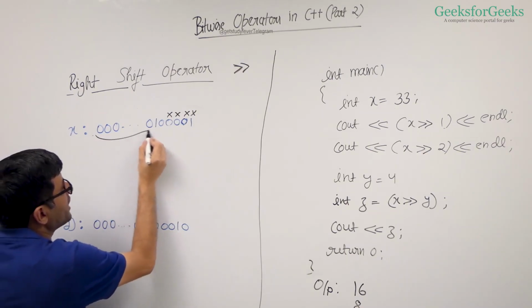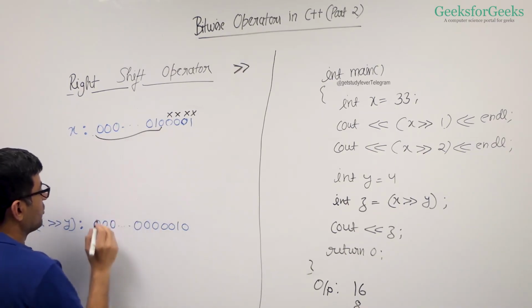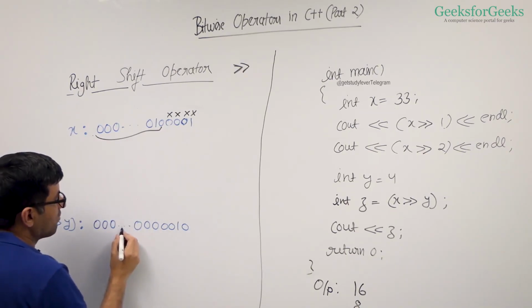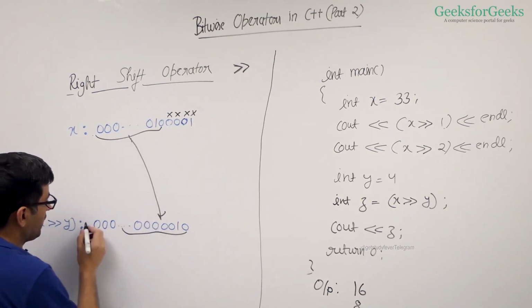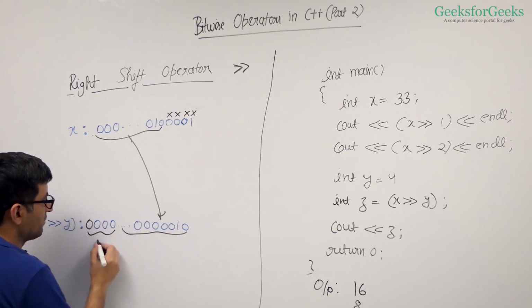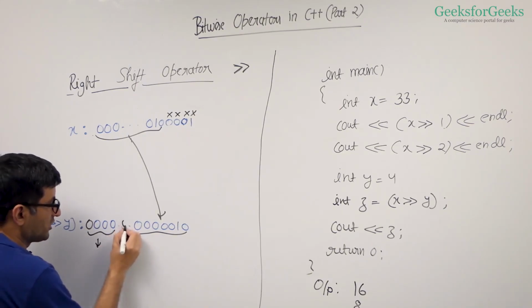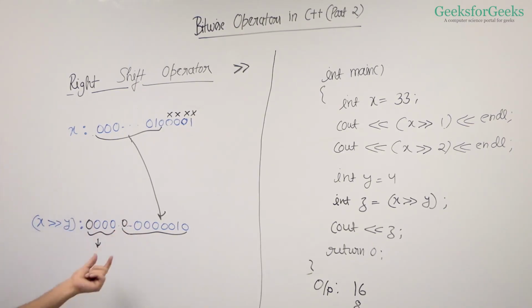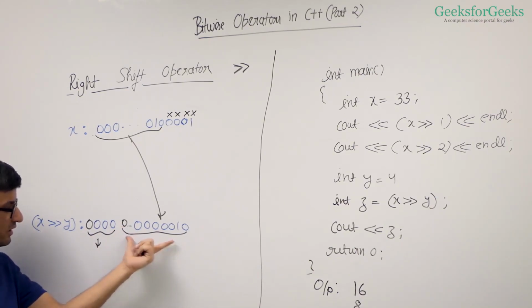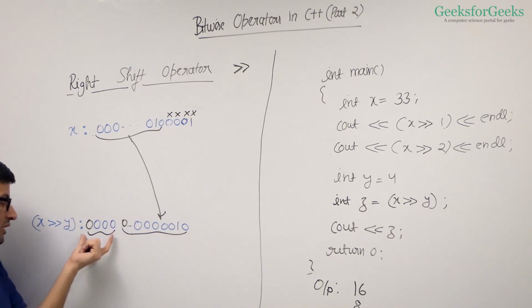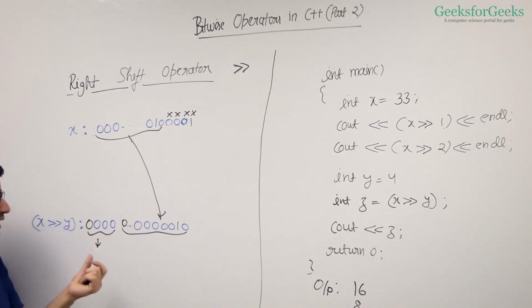The remaining 28 bits, if we are considering 32-bit representation, are moved toward their right. And 4 zeros are added at the beginning. Right, so there is a 0 here, and this is a binary representation. These are 28 bits if 32 bits are considered, and these are 4 leading zeros added at the beginning.